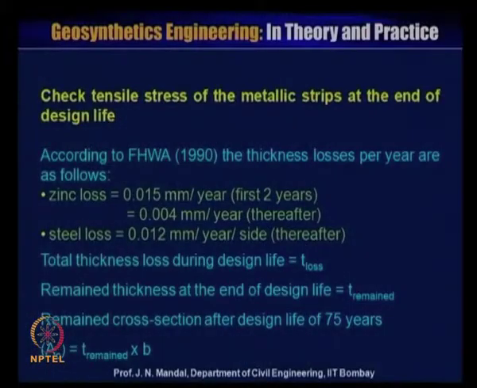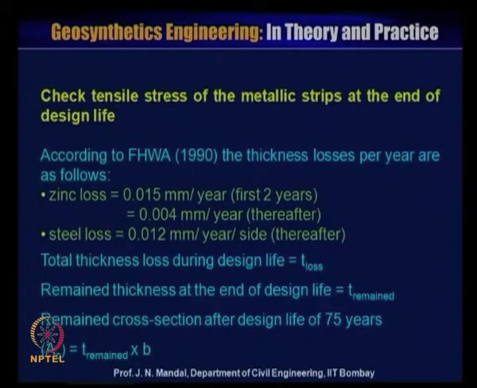So we will see how to determine the tensile stress of the metallic strip at the design life. There is a specification from the Federal Highway Administration, FHWA 1990, with which you can calculate the thickness loss per year. It has been observed that zinc loss is equal to 0.015 millimeter per year for the first 2 years, and then 0.004 millimeter per year thereafter.